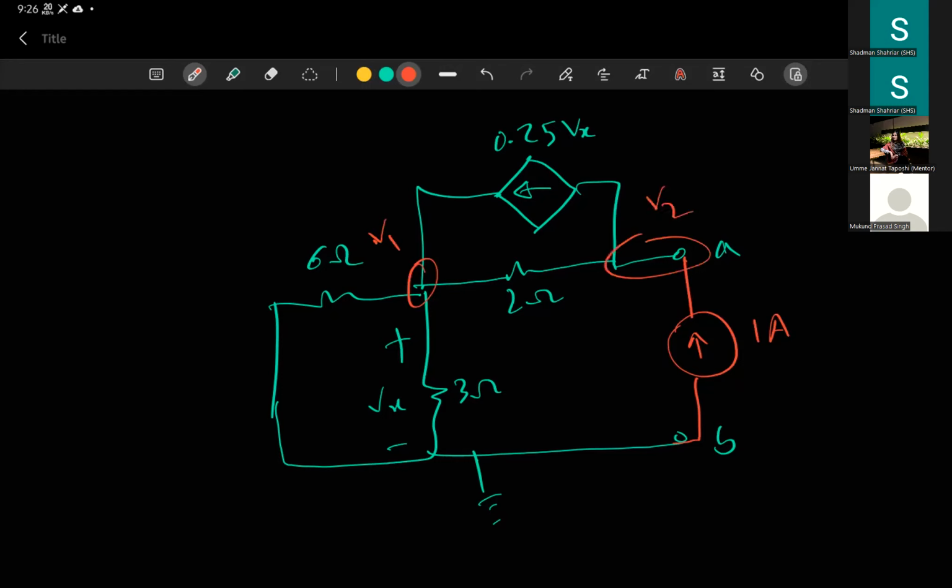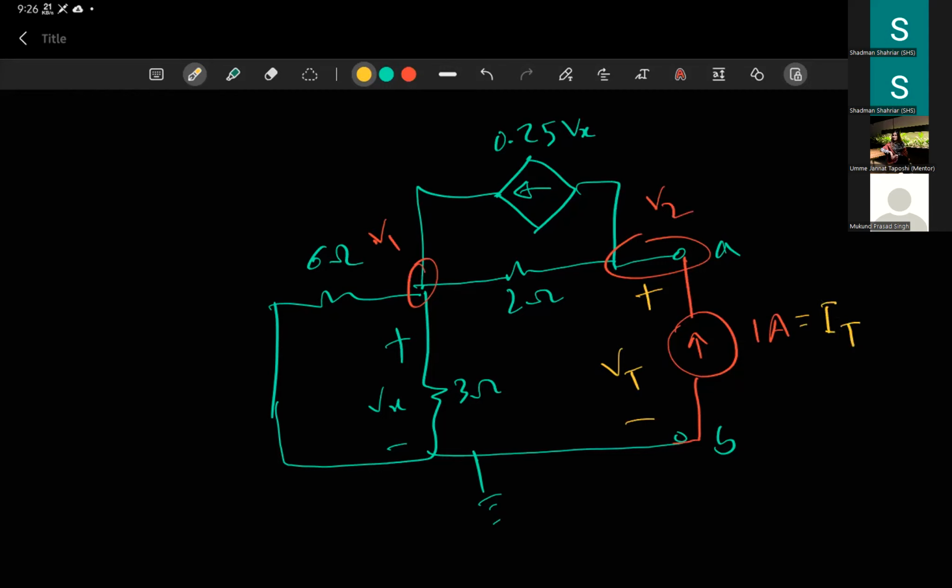I think you only have these two unknown nodes. If you solve this, your VT should be your test voltage, and the value of your test current is whatever current you have used. So this 1 ampere is your test current.